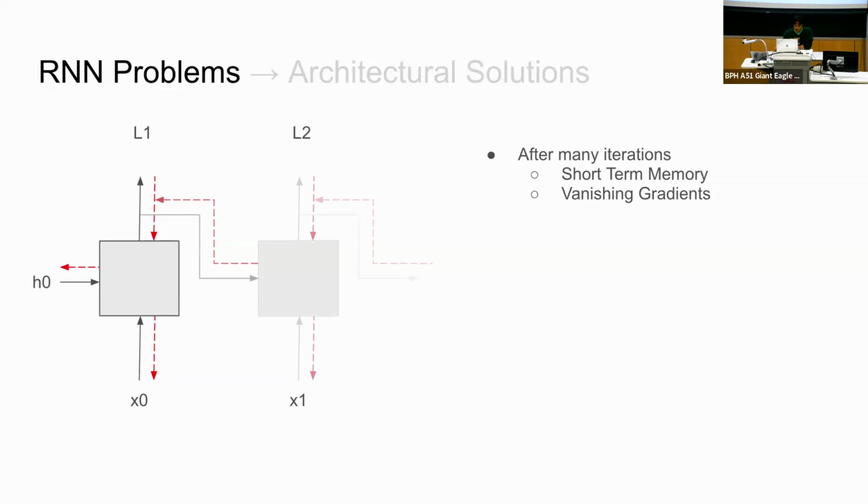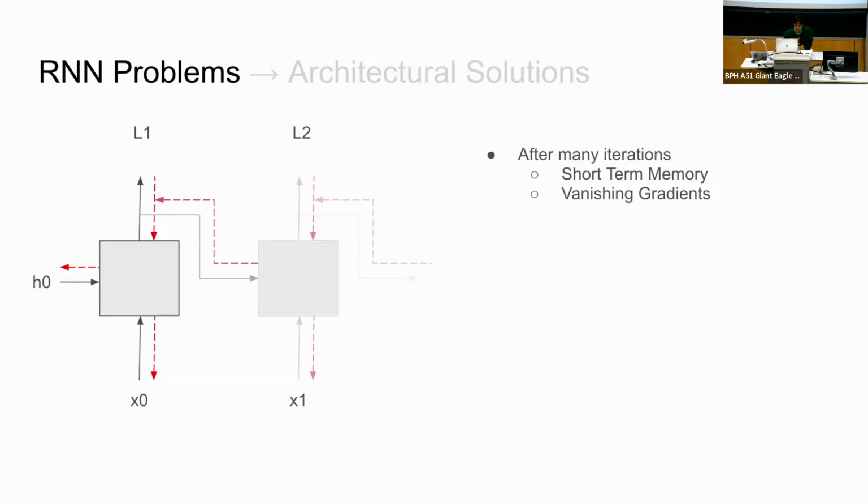But the main problems we face in an RNN are short-term memory and vanishing or exploding gradients. This can happen most of the time because of the eigenvalues used at the hidden state. They might explode or vanish based on the gradients of the recurrent matrix.